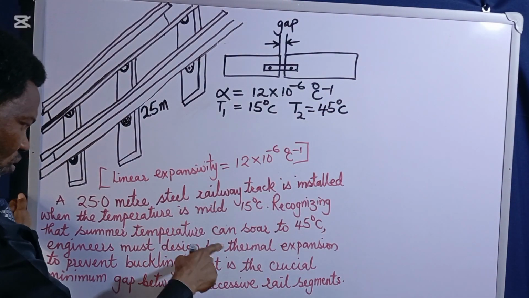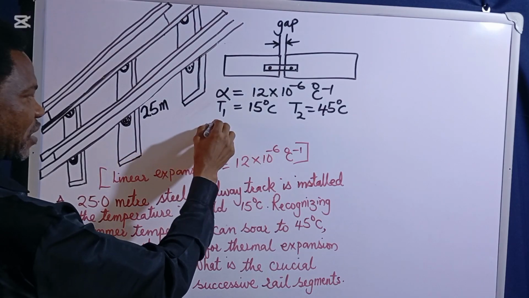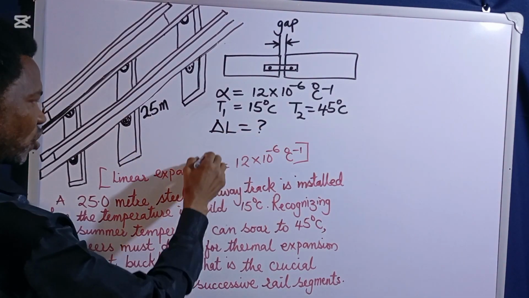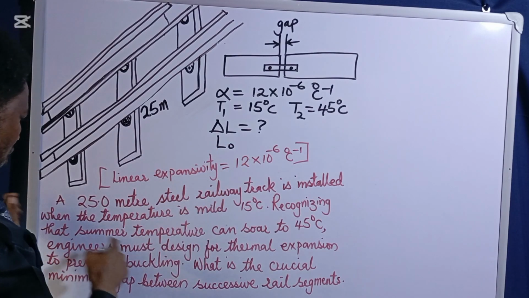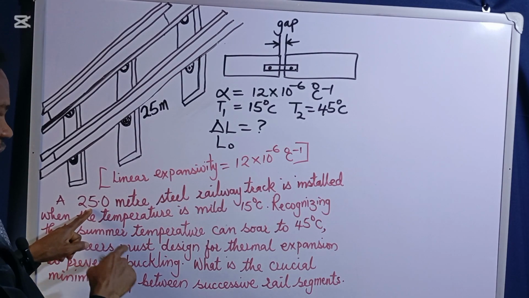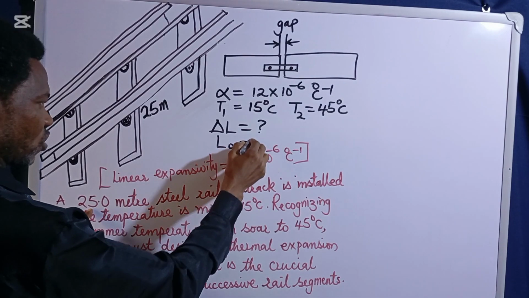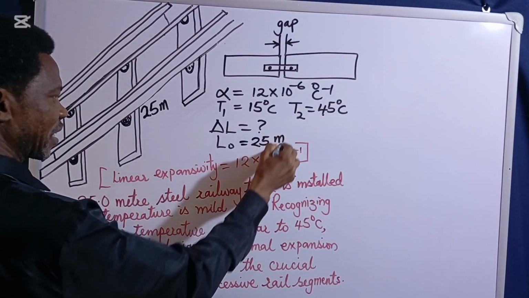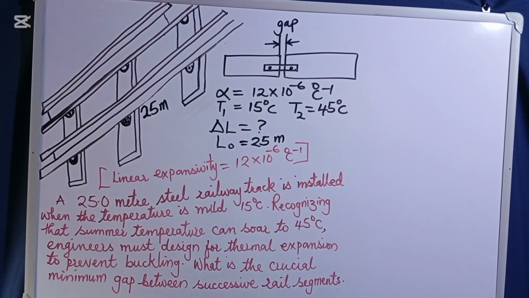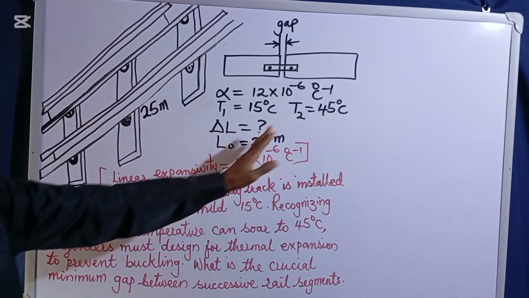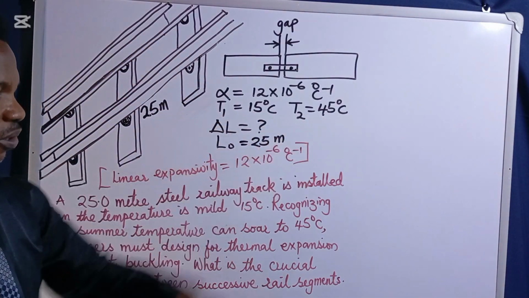Then we want to calculate the increase in length. So this is what we don't know. Then the original length, which is the length of each of the railway track, which is 25-meter long. So with this, we can calculate the safety gap to make sure that each of the railway line is allowed to expand within this temperature range.